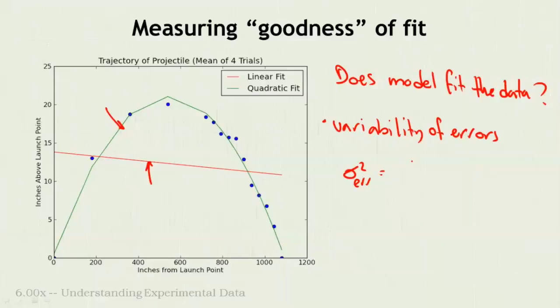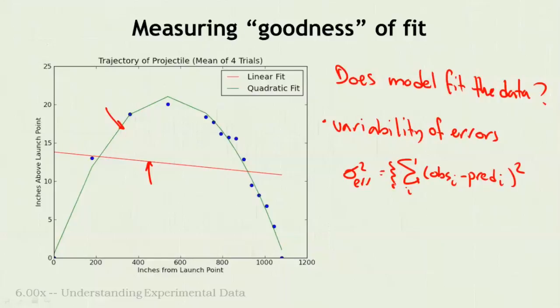This is in fact just exactly the least squares, right? If we look at the error, which is the difference between the observation and the prediction, and we take the sum of the square of those errors over the whole thing, and then do some sort of normalization, a normalization constant which I won't bother to put in, that would give us a sense of how much the errors vary.